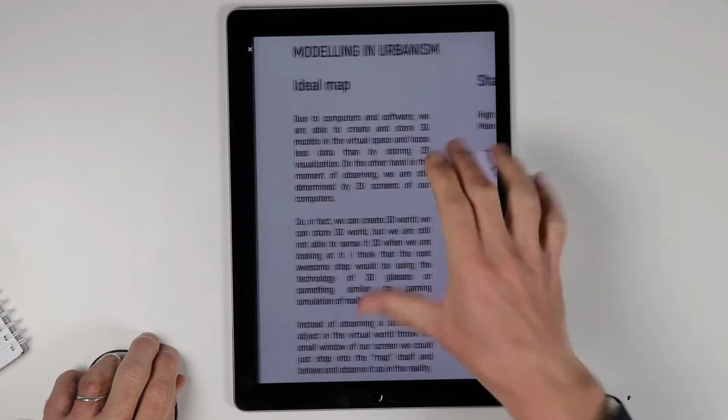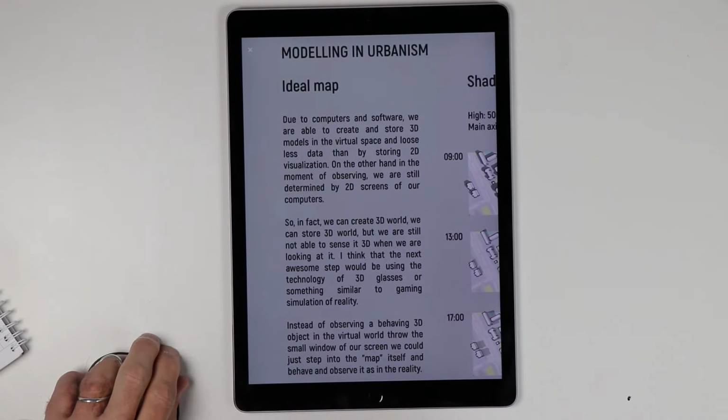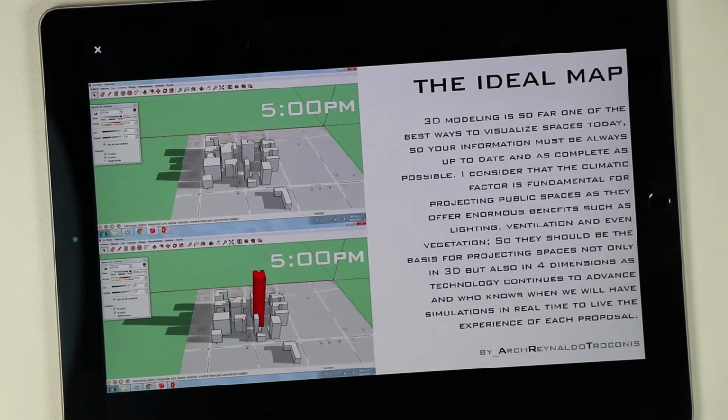She says, well, if you have an ideal map, of course, a 3D map is nice, but when we look at our screen, we will usually always look at a computer screen, so transforming the 3D experience back into 2D. And for Karolina, the ideal map is the map that you need 3D glasses for to look at it, so that you are actually immersed in a 3D experience.